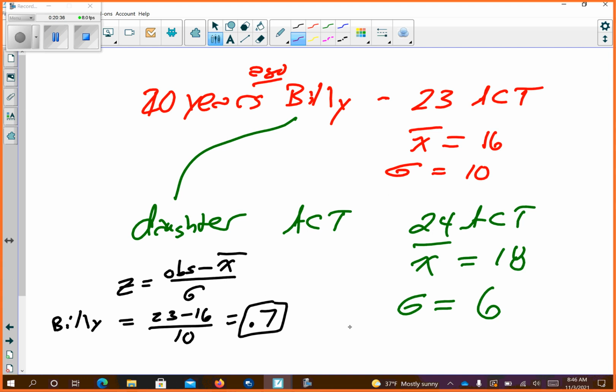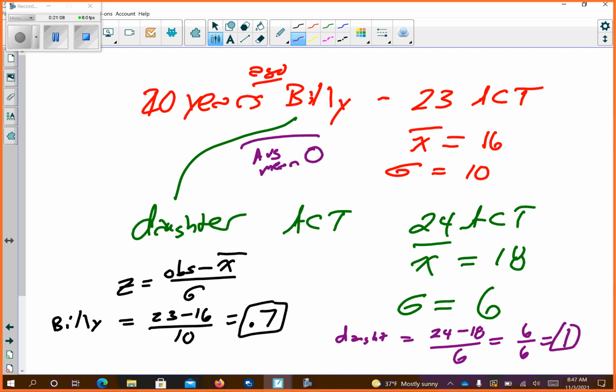Daughter took the ACT. So the daughter got the 24 minus the average of 18, divided by 6. 24 subtract 18 is 6. 6 over 6 is 1. Okay. So remember, the average or the mean as far as the z-score goes is 0.